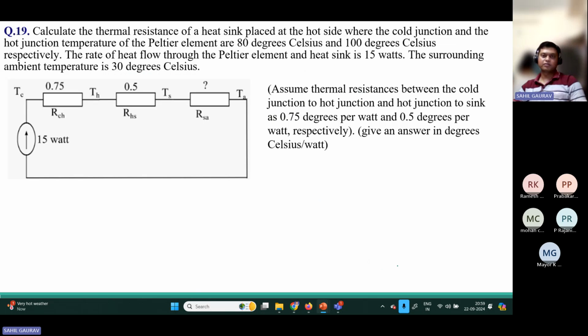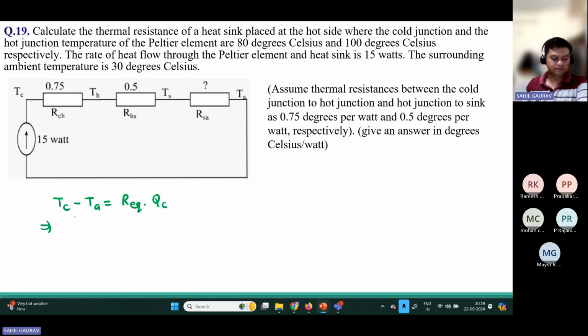Now come to the next problem. This is the problem from thermal visualization. We can directly write Tc minus Ta equal to R equivalent into Qc.